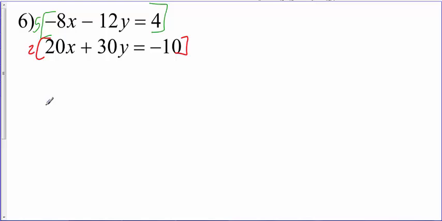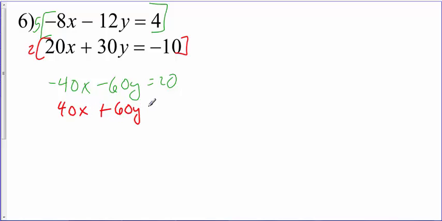So let's show you what we've got. We've got -40x minus 60y equals 20, and we have 40x plus 60y equals negative 20.